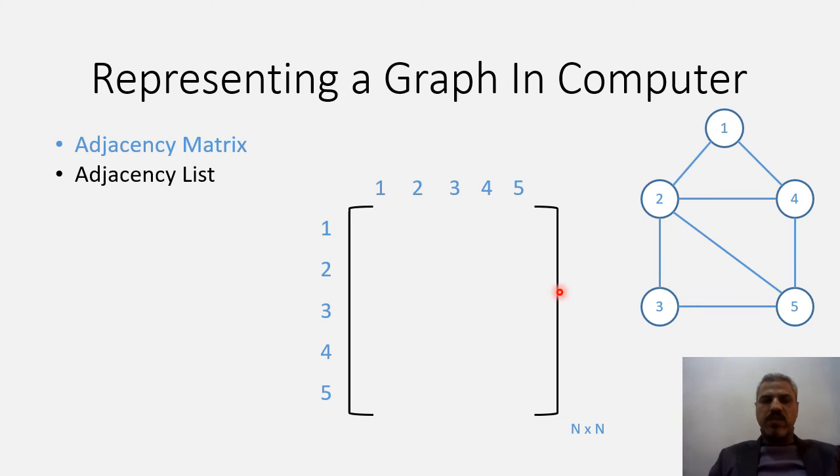To create the matrix, we have to look at the vertices. Begin with the first one. Vertex 1 is connected to 2 vertices, which are vertex 2 and vertex 4. So we put 1 under these columns, column 2 and column 4. In all the other columns we put zeros.